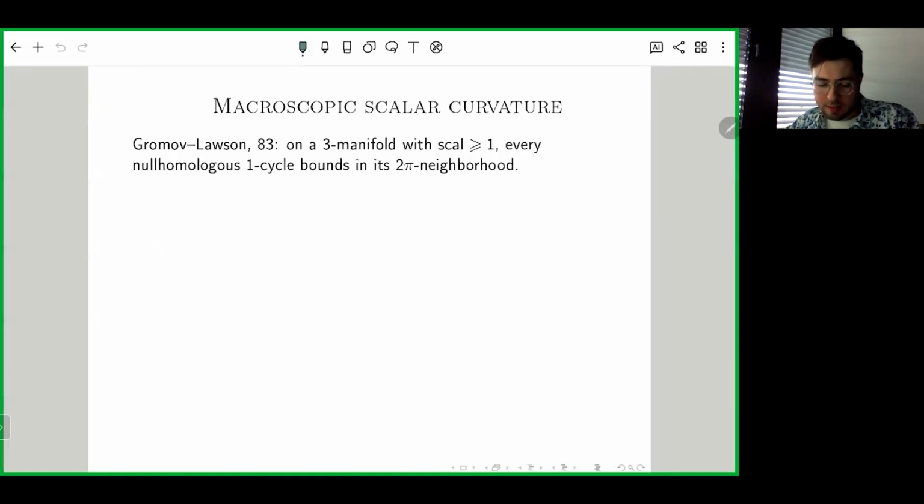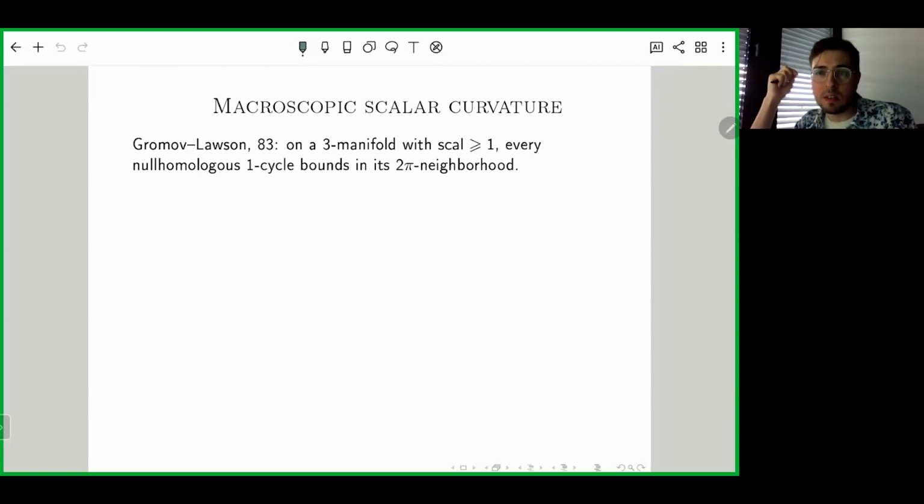This is a piece of work, a little result we have with Han Albert and Larry Guth, which was also mentioned by Evgeny. It is basically motivated by this old work of Gromov and Lawson, which says, among many other things, that on a three-dimensional manifold with scalar curvature at least one everywhere, every null homologous one cycle bounds in a neighborhood of controlled size.